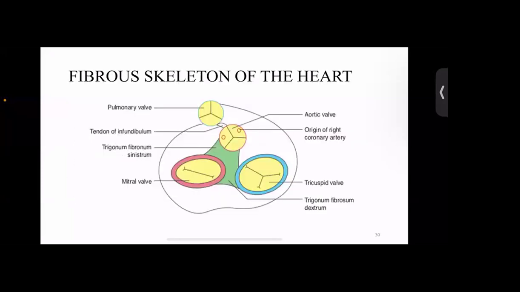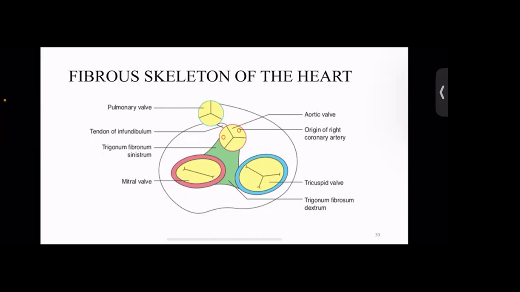And we have the fibroskeleton of the heart. This is like the center structure of the heart, and it helps to support the heart tissues. Most of the heart tissues are anchored around it.